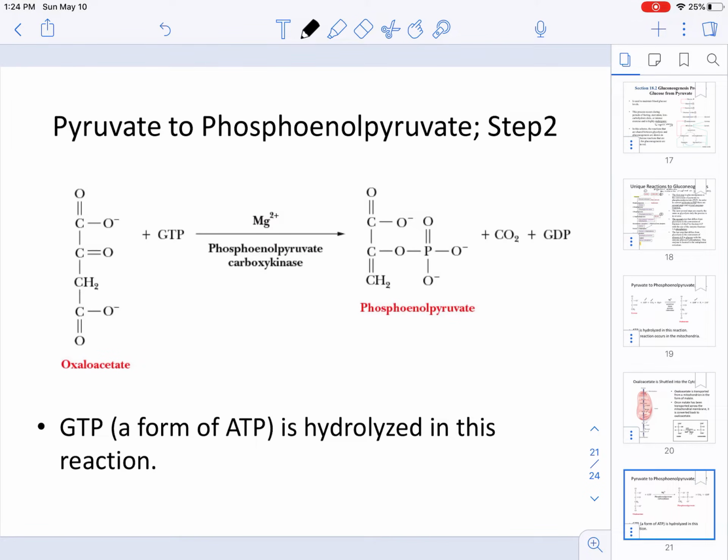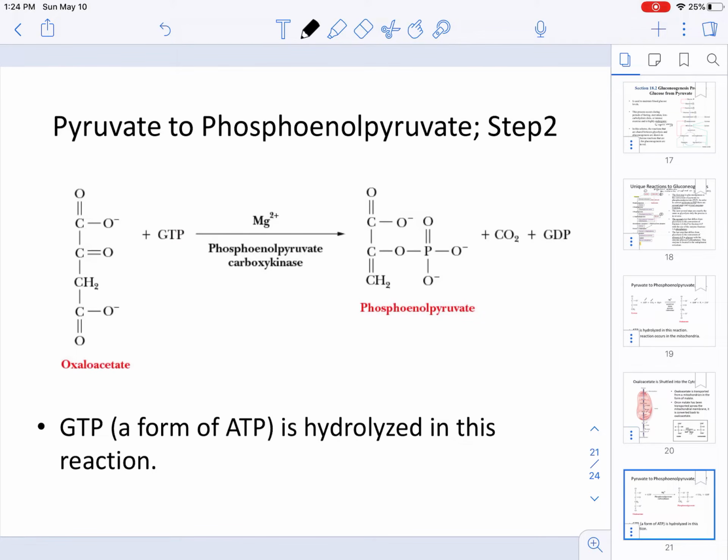Then, understand that that oxaloacetate is going to be converted to phosphoenolpyruvate. So notice that the conversion of pyruvate to phosphoenolpyruvate takes 2 steps. The second enzyme involved in the process is going to be carboxykinase, specifically phosphoenolpyruvate carboxykinase.